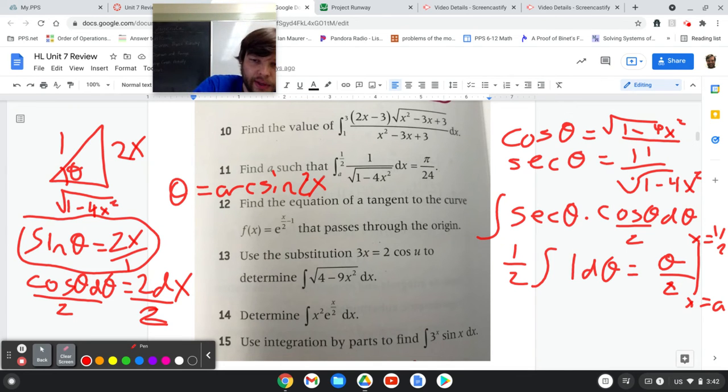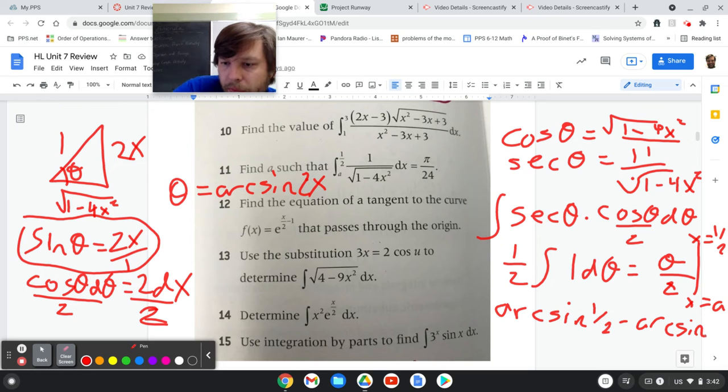So I have arc sine of 1/2 times 2, in other words, just 1, minus arc sine of 2a, and that gets multiplied all by 1/2.